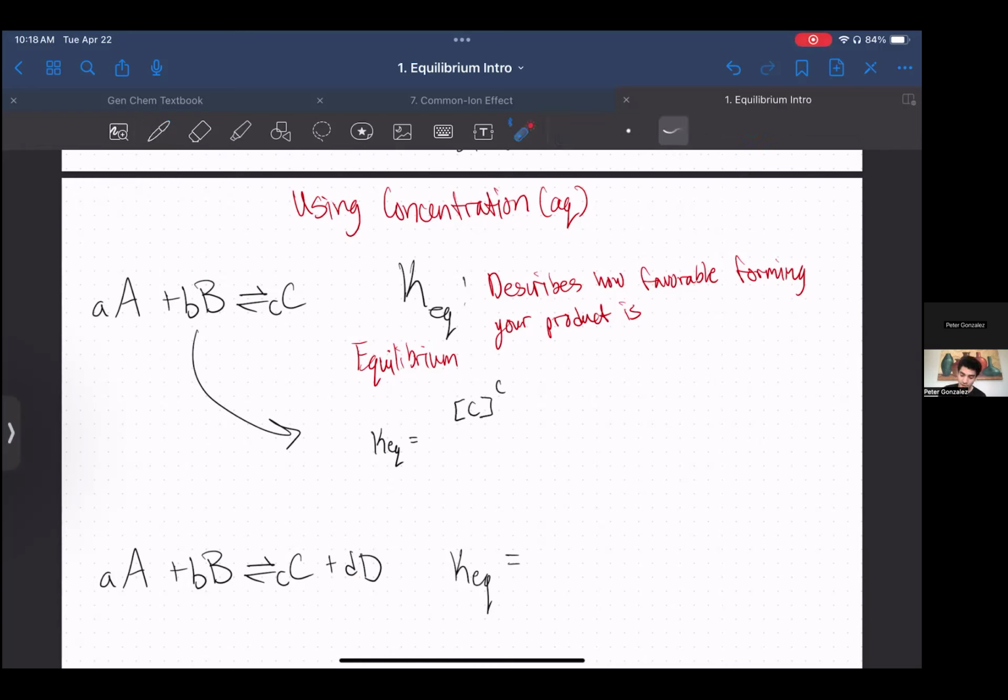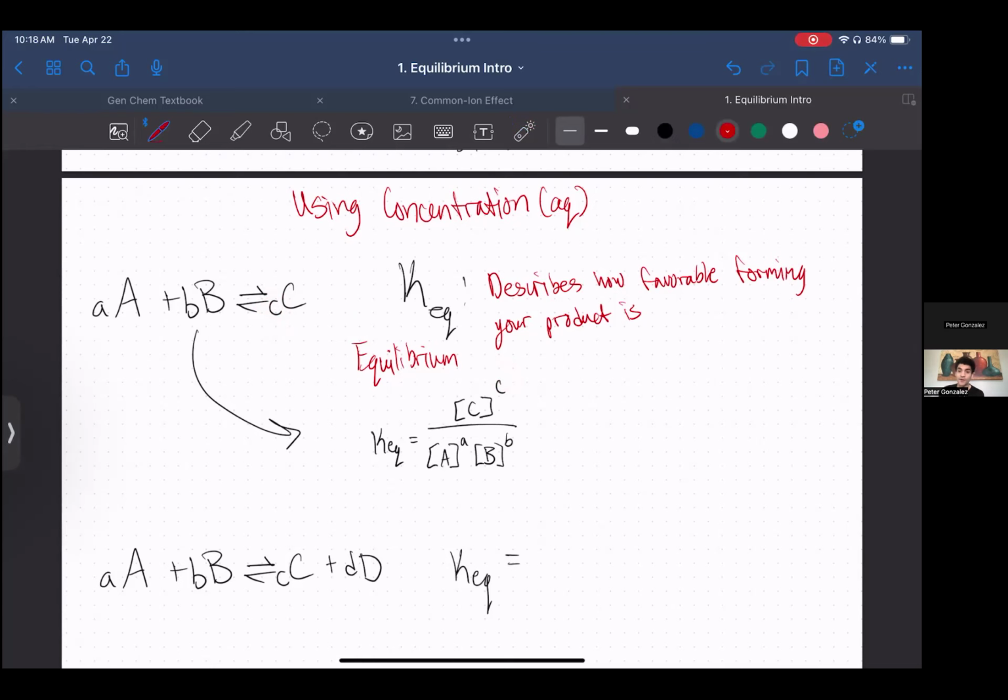So this little c right here, if it was a 2, you would put a 2 here. If it was a 3, you put a 3 there. If it's a 1, you put a 1. So it's the concentration of that product taken to the power of its coefficient. And then the denominator is the reactants, the exact same thing. So it's the concentration of A taken to the power of A's coefficient times the concentration of B taken to B's coefficient.